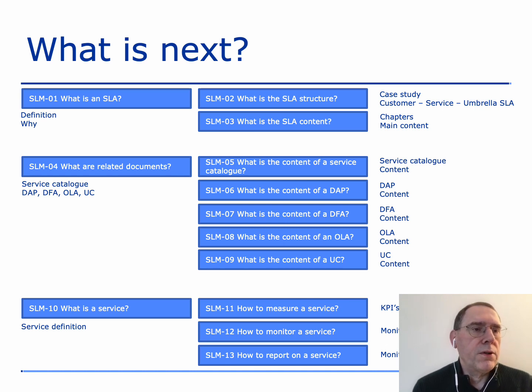Then we have a new block, the related documents, and in the related documents part, we differentiate the service catalog, the document agreement and procedures, the document financial agreement, the operational level agreement, and independent contract. And the last part is what is a service, and there we define how to measure a service, how to monitor a service, and how to report on the service.